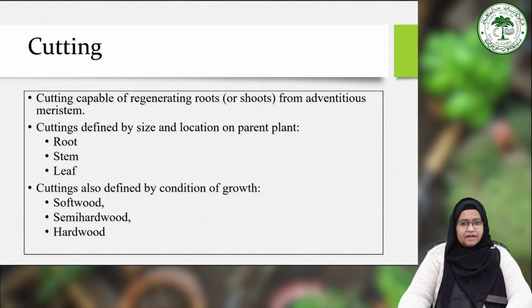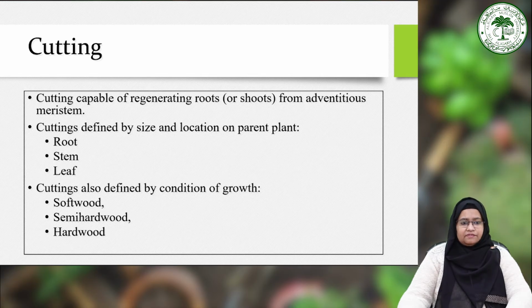This is the method of cutting vegetative parts of plants and then planting them again to regenerate the whole plant. It is further divided into three types named after the plant part being detached or cut: root, stem or leaf cutting.